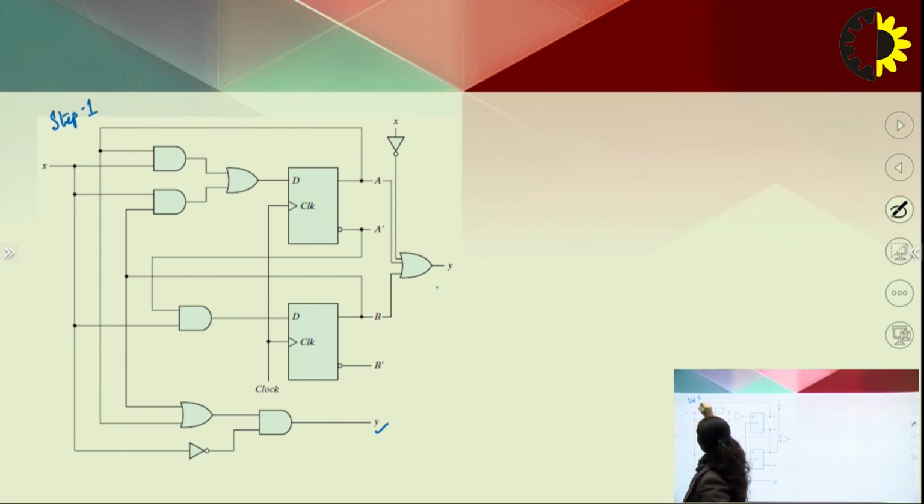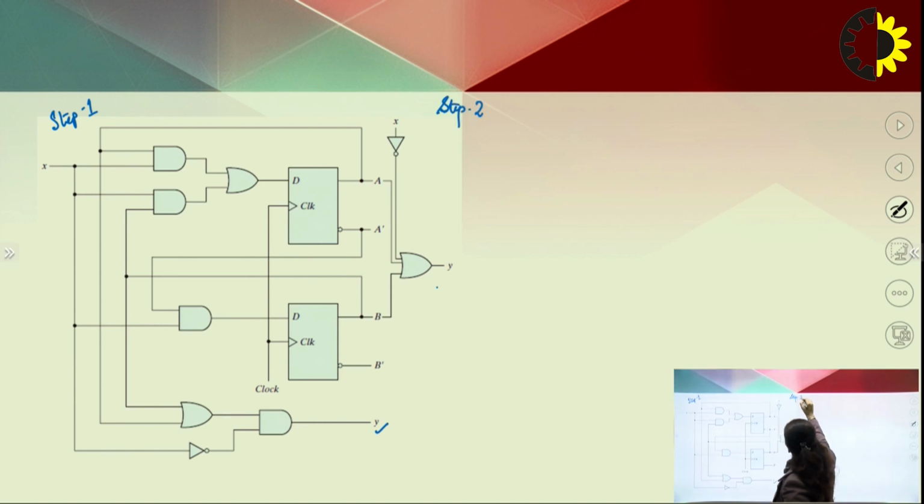This is step 1. Step 2, we have to find out the inputs. So here your inputs are, this is my A signal, right? Here we have the X signal, and here we have the B signal, okay?